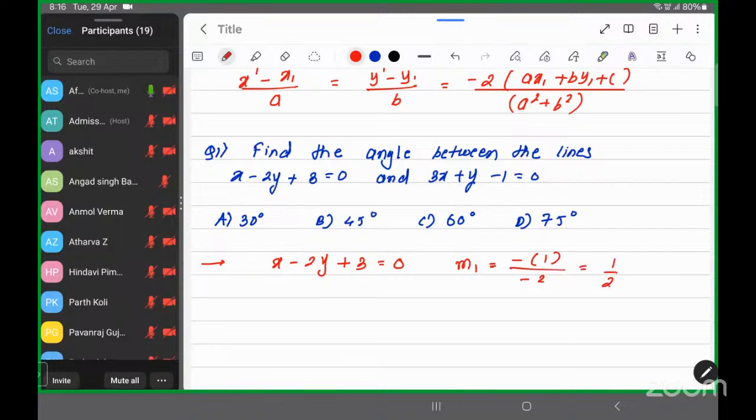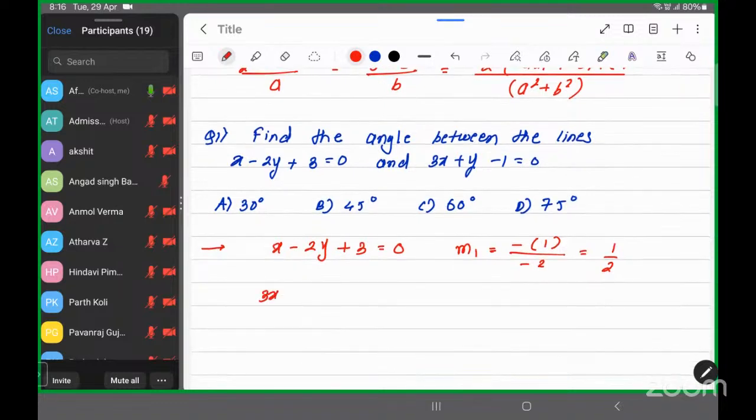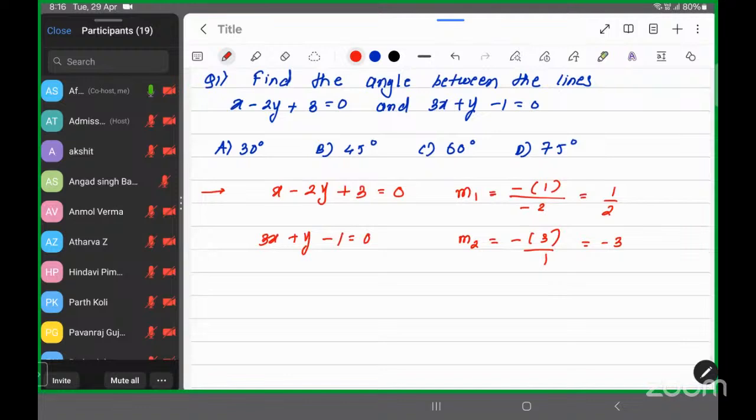Here the coefficient of x is 1 and the coefficient of y is minus 2, so it is 1 by 2. And the second line is 3x plus y minus 1 equals 0. So the slope of this line is minus 3 upon 1, which is equal to minus 3.